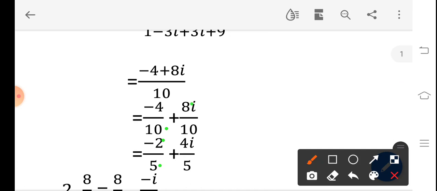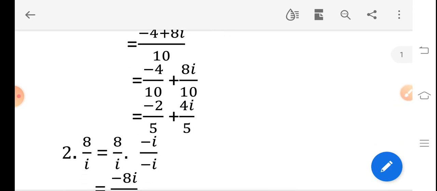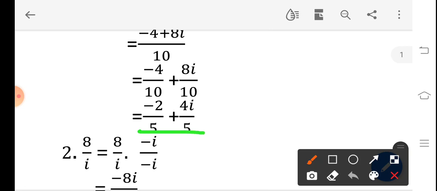Then 8 divided by, again, the common factor 2, is 4. Then 10 divided by 2 is 5. So the final answer is negative 2 over 5 plus 4i over 5.